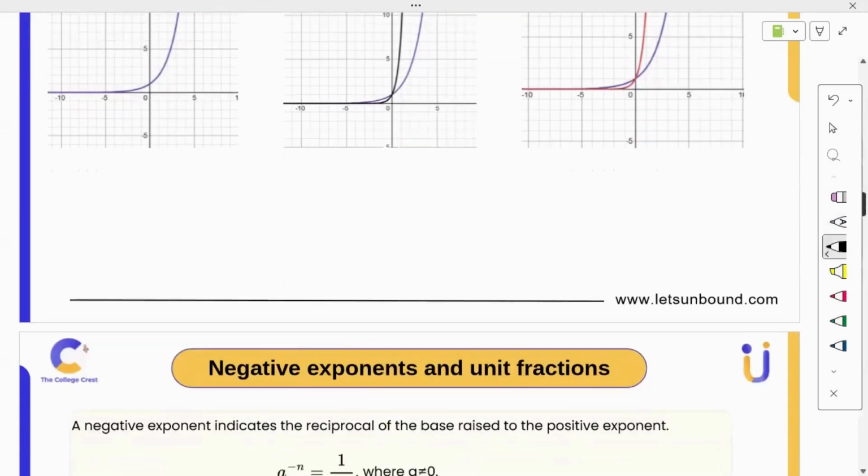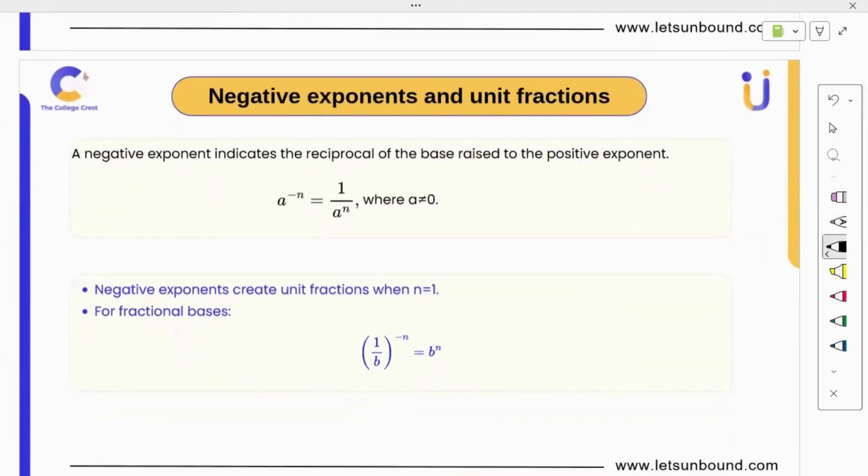Right? Now, negative exponent and unit fraction, this will be helpful for us while simplifying algebraic things in exponential forms. A negative exponent indicates the reciprocal of the base raised to the positive exponent. Very simple. Mostly we will need positive exponents. So how to convert a negative exponent to positive? Simple. Reciprocate the base and change your negative to positive.